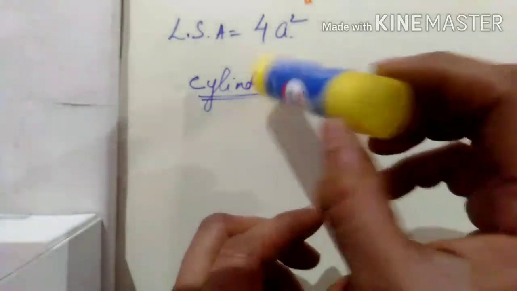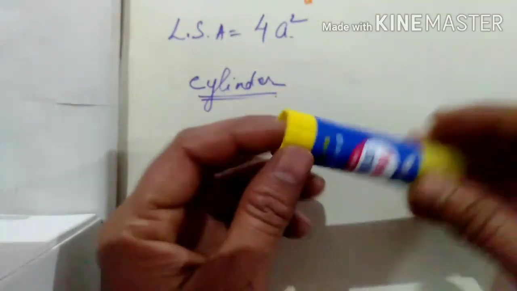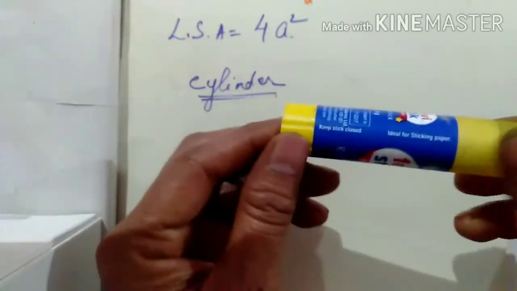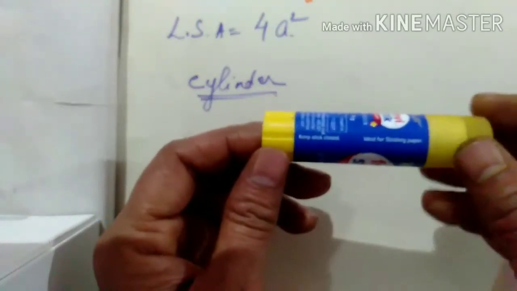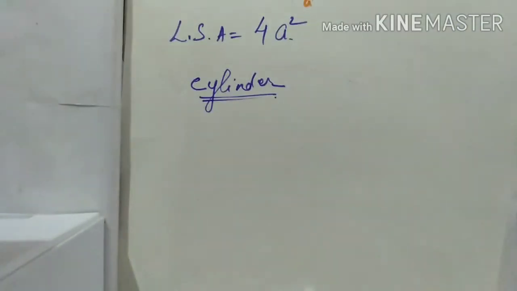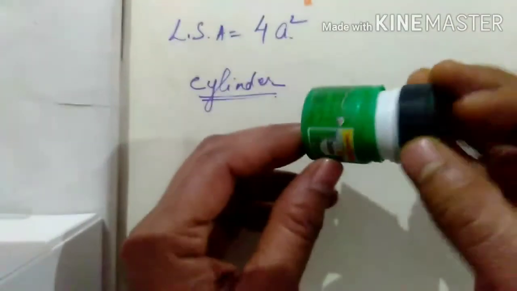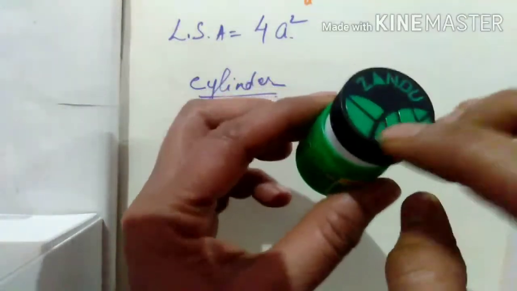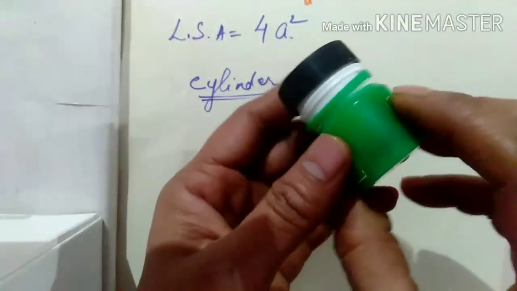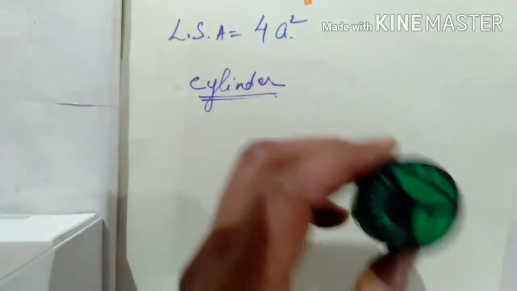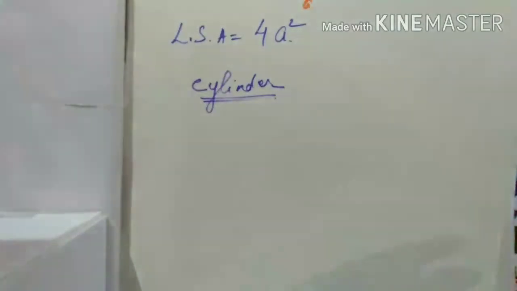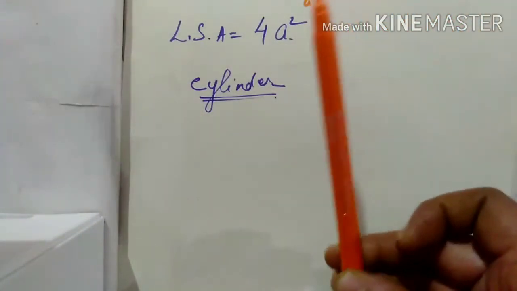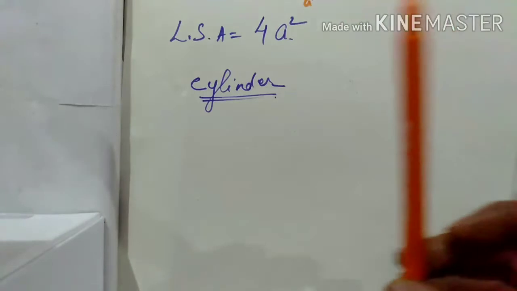Another example of a cylinder is this, round in shape having two circular faces this way. You can see this one also: it has a circular face at this end and this as the curved part. These are examples of cylinders. All types of pencils and pens are in cylindrical shape. They are round in shape.